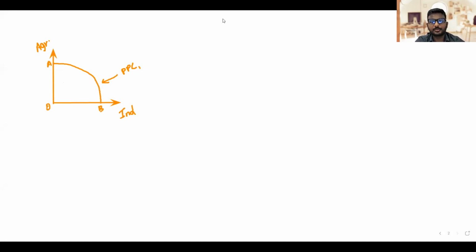Right, you show it by an inward shift of the PPC curve, and you can parallelly reduce it if you want. Somehow there should be an inward shift. That's how you show a drop in production capacity.